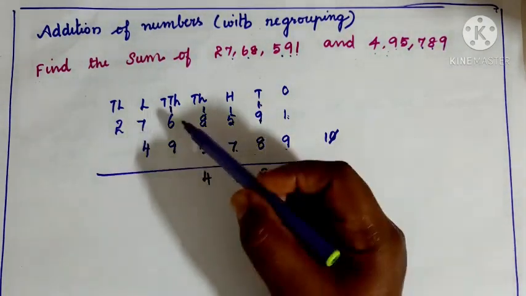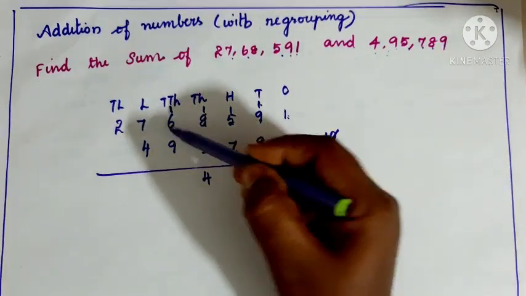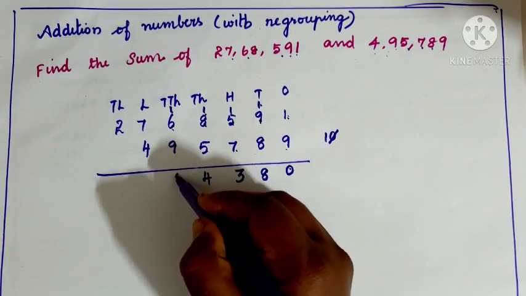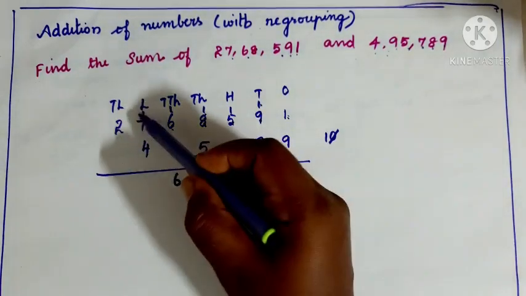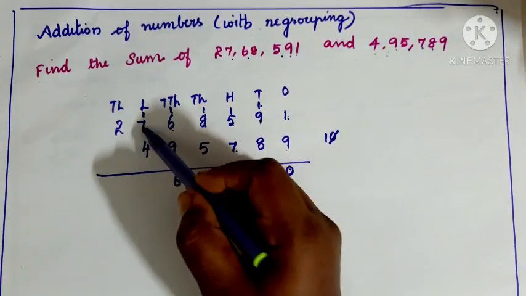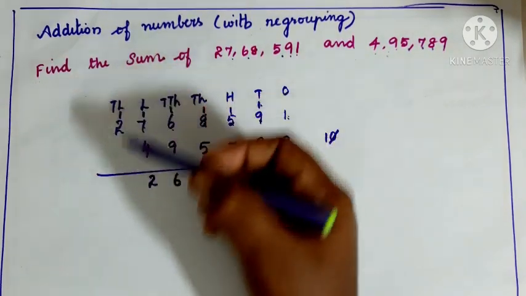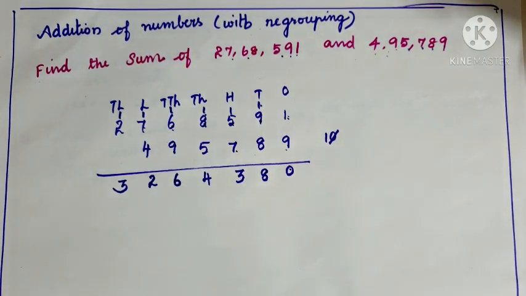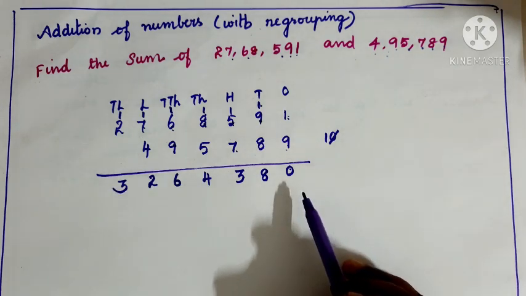Then 1 plus 6 is 7. 7 plus 9 is 16. Carry over 1. 1 plus 7 is 8. 8 plus 4 is 12. 2, carry over 1. So 1 plus 2 is 3. Yes? Fine. I hope you can understand this addition very clearly.